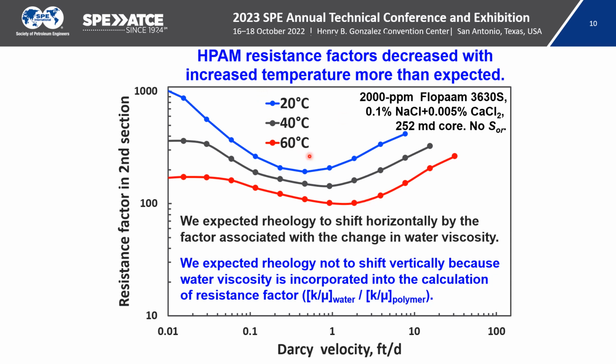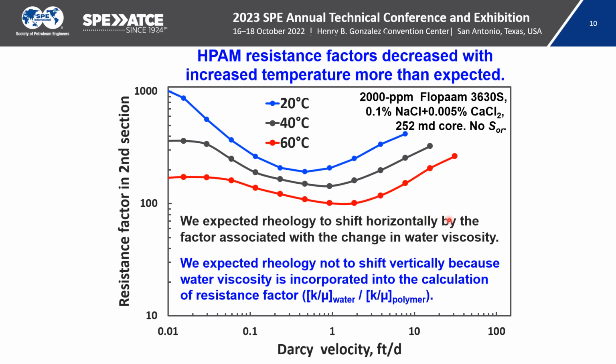And if you look at our data, you can see that that is indeed consistent with what we're seeing in porous media. As we go from 20 to 40 to 60 degrees centigrade, the Darcy velocity associated with the minimum does indeed shift to higher values, and the magnitude of that shift is very consistent with the drop in water viscosity as we increase the temperature.